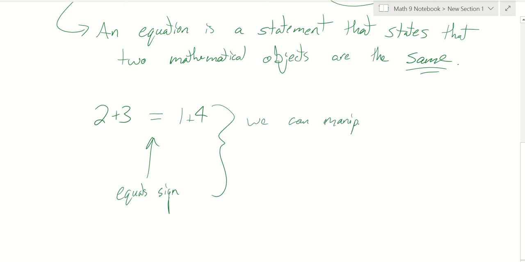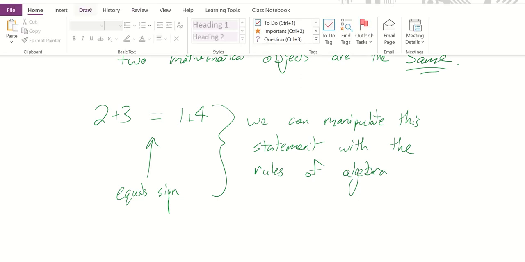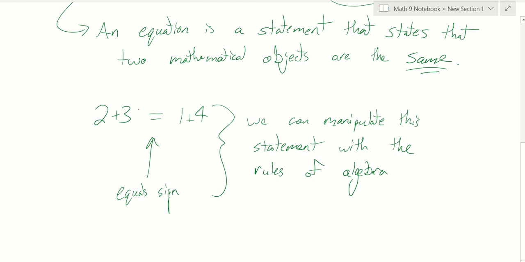Obviously, we can manipulate this statement with the rules of algebra. That's that scary word algebra, but really what that means is if we wanted, we could play around with this statement. We could add 5 to both sides if we wanted, and then this statement is still true.